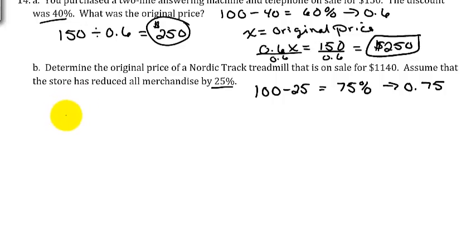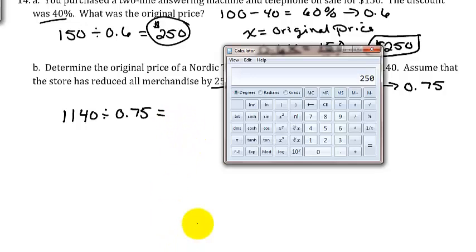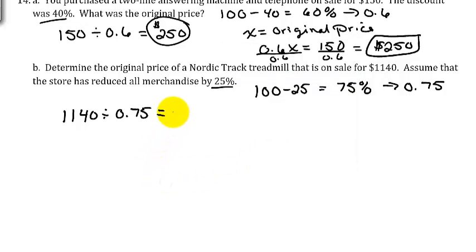Again, you can use the formula from above if you'd like. That would be 1,140 divided by 0.75, and that gives us 1,520. So the original price was $1,520.